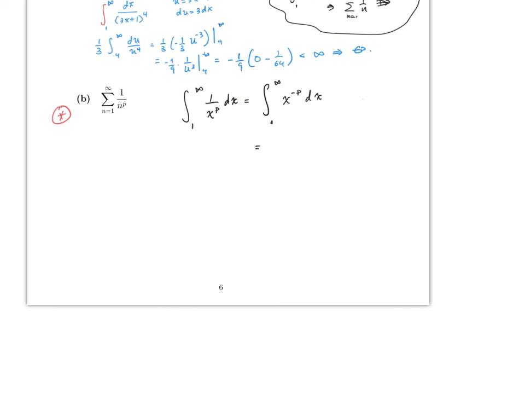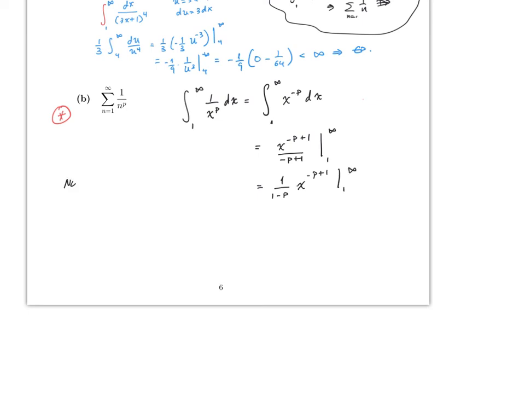And if we integrate, this will be x to the negative p plus 1 over negative p plus 1 from 1 to infinity. So this is the same thing as 1 over, I'm just going to write 1 minus p, and then there will be x to the minus p plus 1 from 1 to infinity.